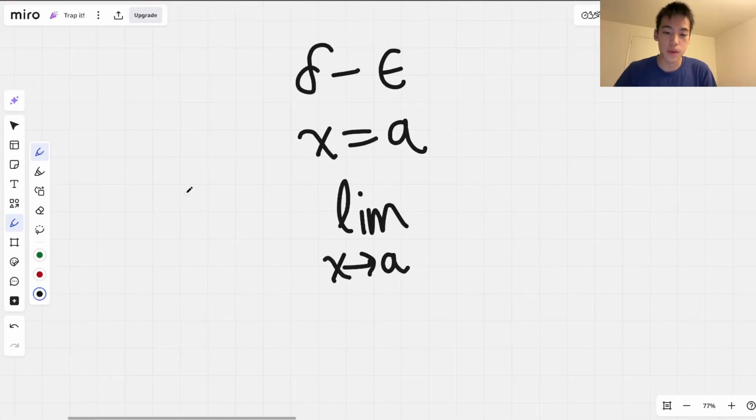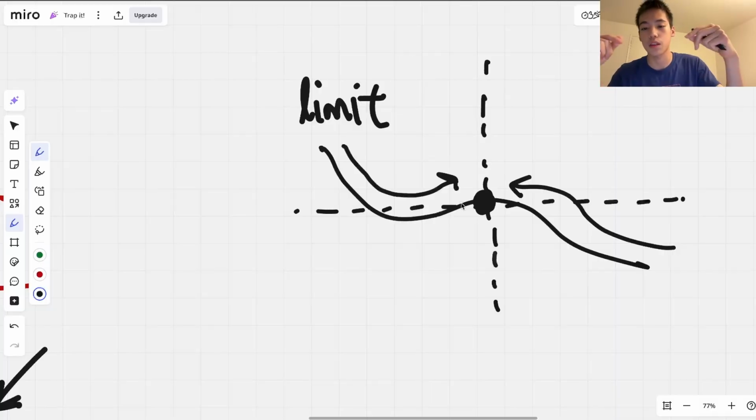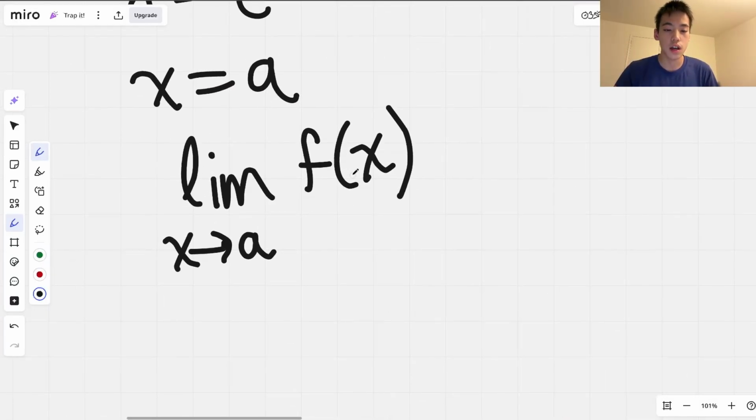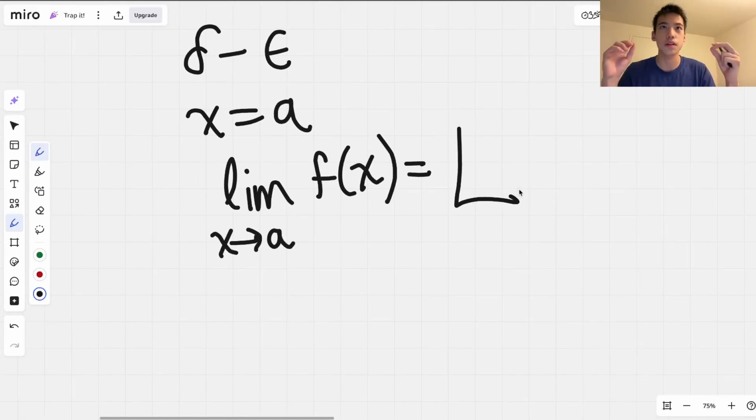So let's assume the limit as x approaches a of this function, where you're traveling along this function from the left and the right, trying to approach a from both sides. Let's say this limit attains a value of L. So you seem to be approaching a value of L.